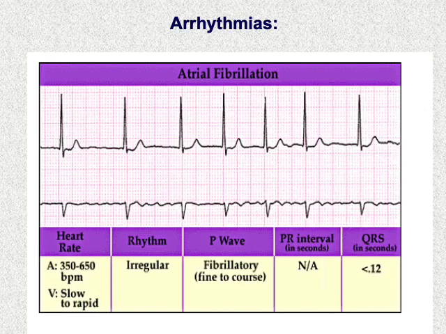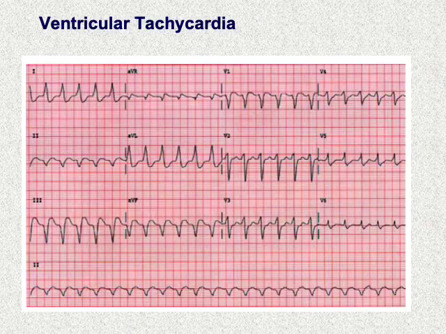This anticoagulation is very important in reducing the incidence of stroke. We know that at least a large portion of embolic stroke can be prevented by giving anticoagulation to patients with atrial fibrillation.